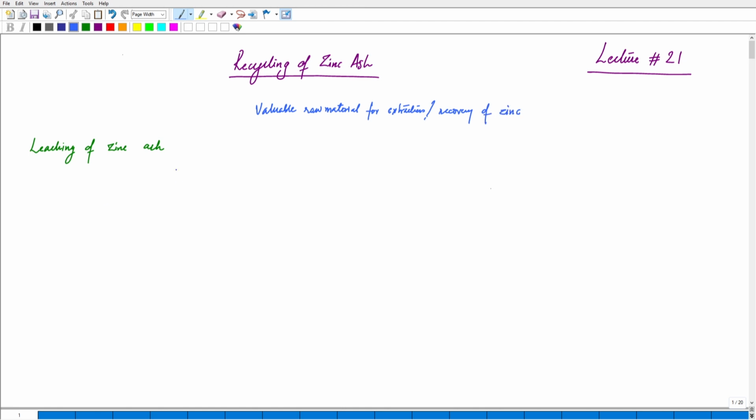So, how do we do that? We have zinc ash, and again we have assumed that the zinc ash is provided pre-sorted, and we can go for the leaching of zinc ash.